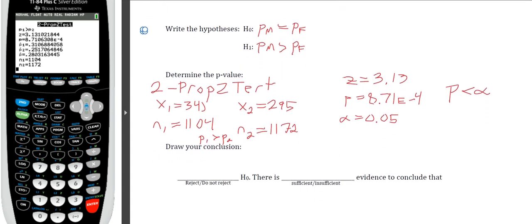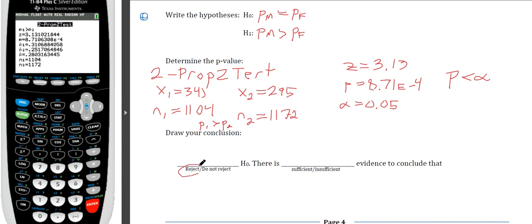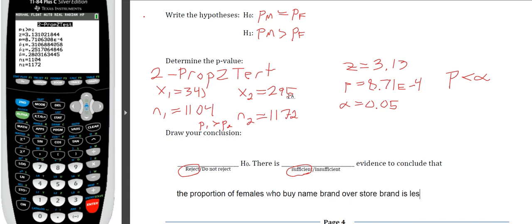So because the p-value is smaller than alpha, that means we have enough information, we are safe to reject the null hypothesis and say that there is enough evidence, or there's sufficient evidence to claim that the proportion of females who buy name brand over store brand is less than the proportion of men or males that buy name brand over store brand.